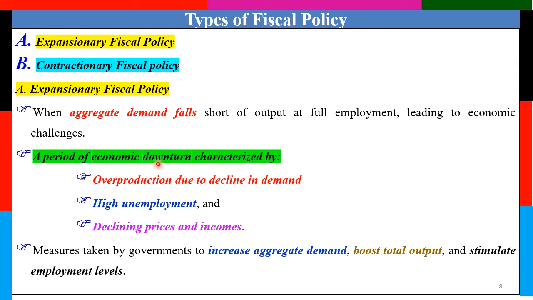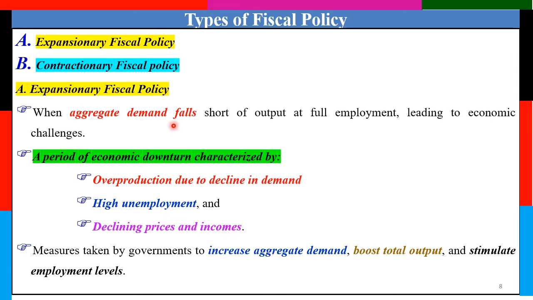Again, there is a decline in the price and the income. Why does the price decline? Because demand declines. When the demand declines, the price of that product declines, and the income also declines.